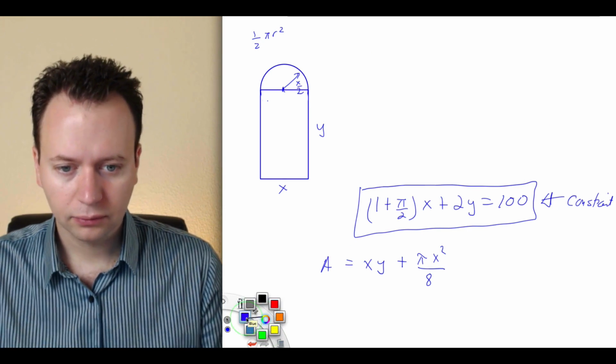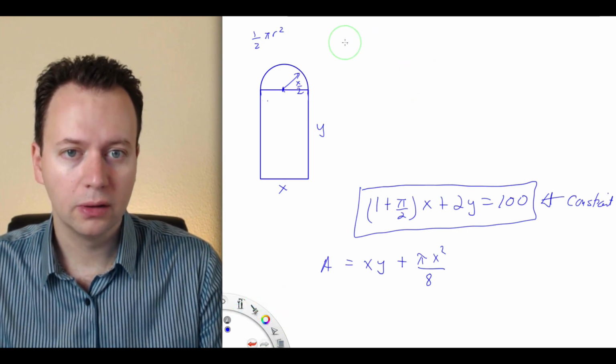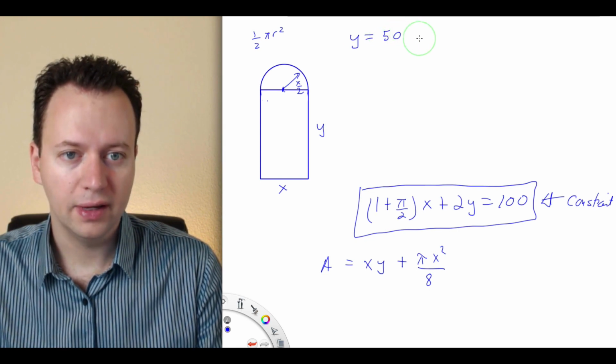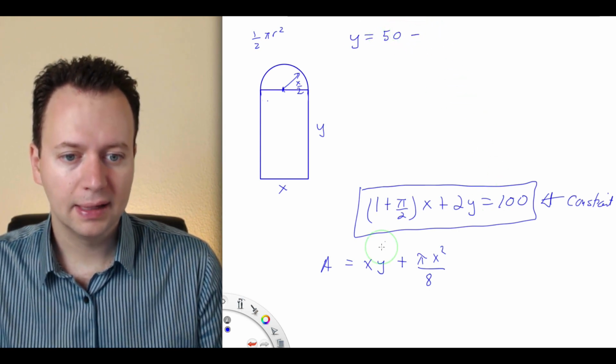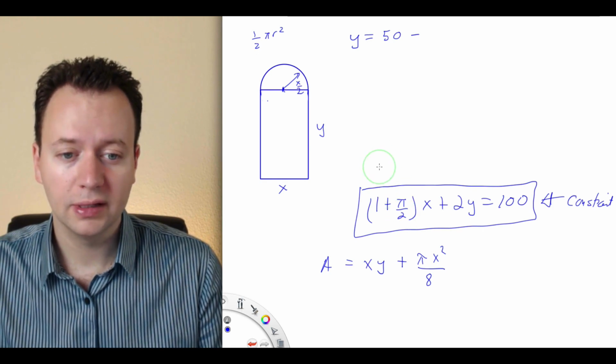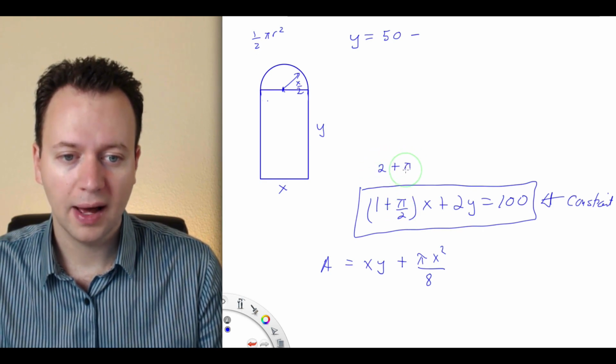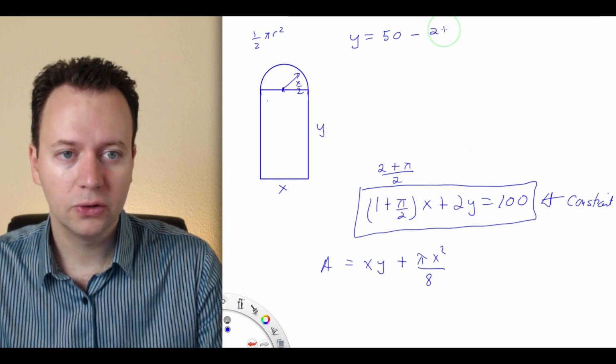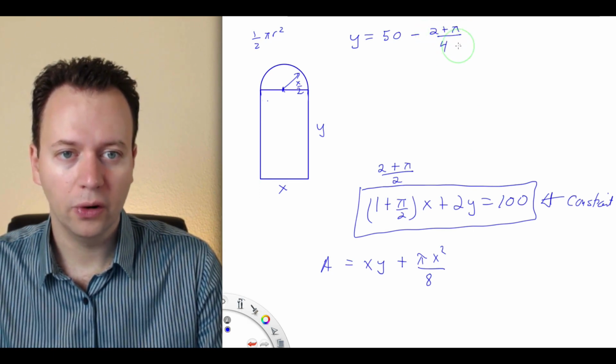So from the constraint equation, y is going to equal 50 minus, now 1 plus pi over 2 is the same as (2 plus pi) over 2. And when I divide that by 2, it's going to be minus (2 plus pi) over 4.